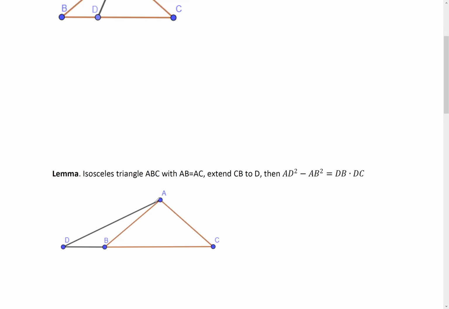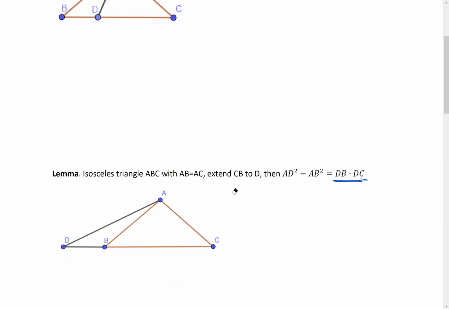The theorem does not change. AD squared minus AB squared equals DB times DC. All right, the right-hand side is still the product of two segments that both come out of D, DB times DC.